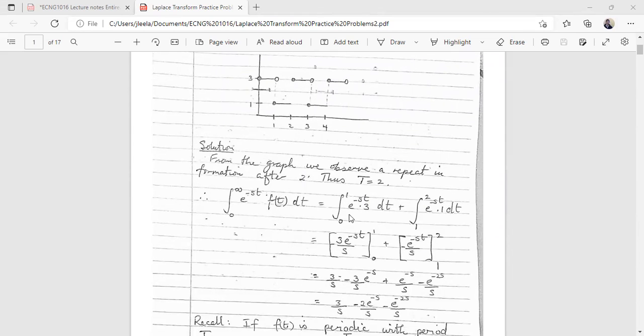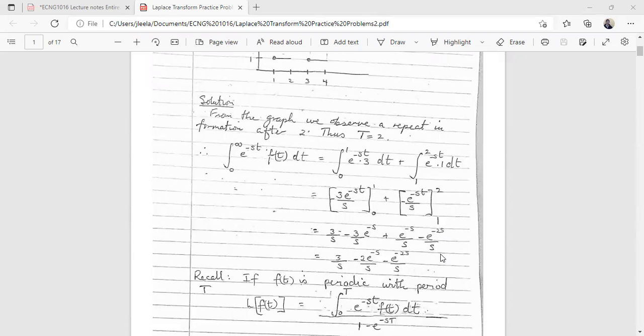And then you integrate. So this part here, you'll have minus 3 e to the minus st over s, and you evaluate that between 1 and 0, right? And then the next part here, minus e to the minus st over s, and you evaluate that with the limits 2 and 1.